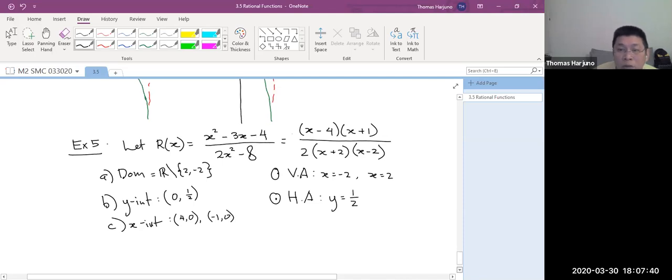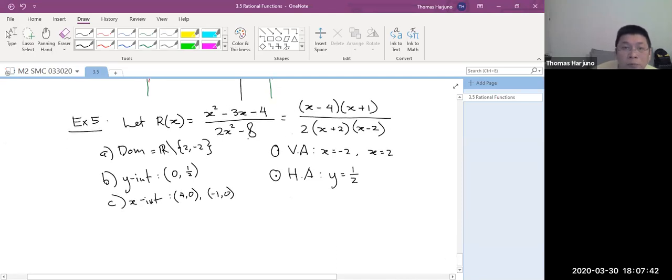Now let's do a sign graph before we do the graphing. So part F, the sign graph. Negative 2, negative 1, 2, 4.